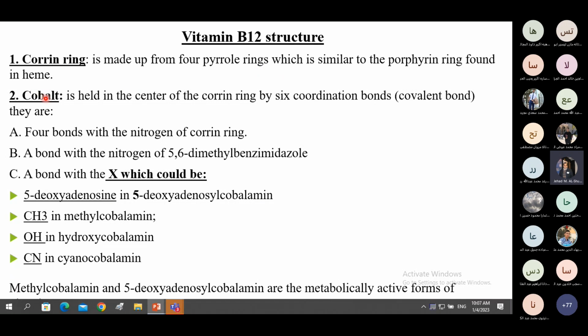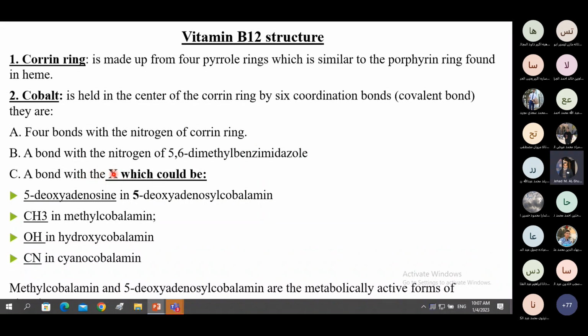Cobalt makes 6 coordinated bonds: 4 to the nitrogen of the pyrrole rings, then a 5th with 5,6-dimethylbenzyl imidazole, and the 6th with X.